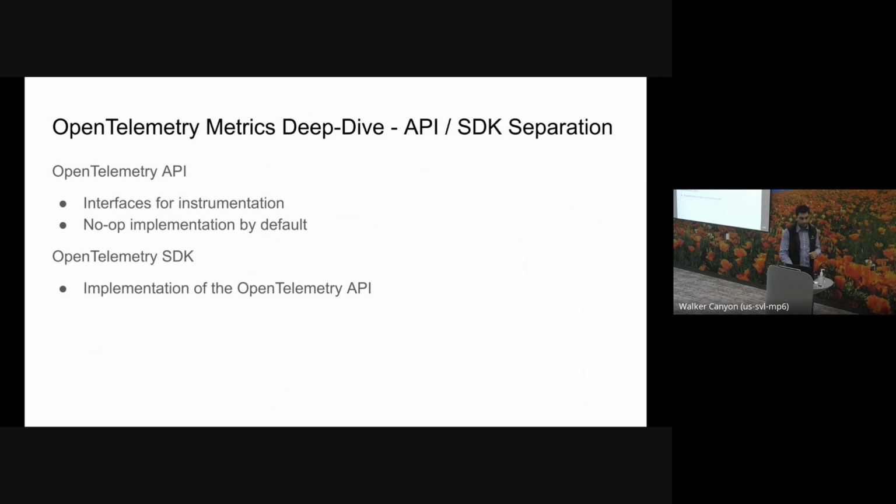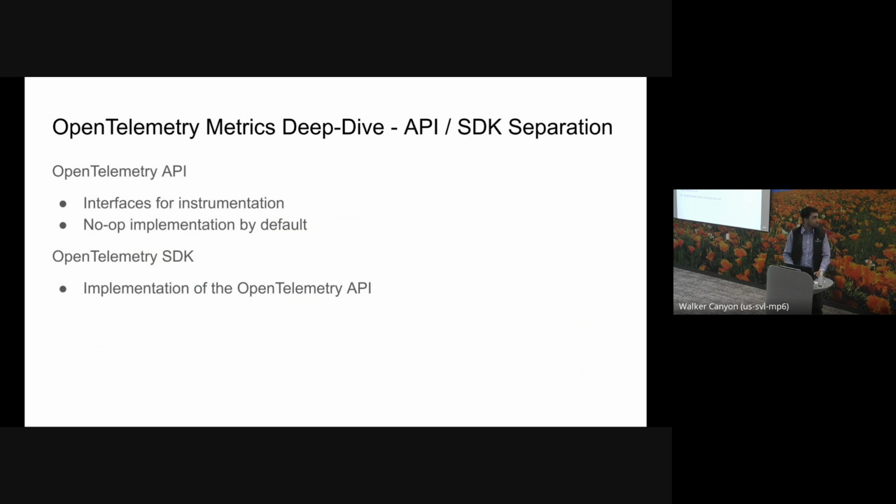But my goal for this presentation is to show how gRPC is instrumented with OpenTelemetry. Before I do that, I want to give some briefers as to what OpenTelemetry Metrics look like, how to actually use it, what the API looks like, so that the example doesn't seem too foreign.